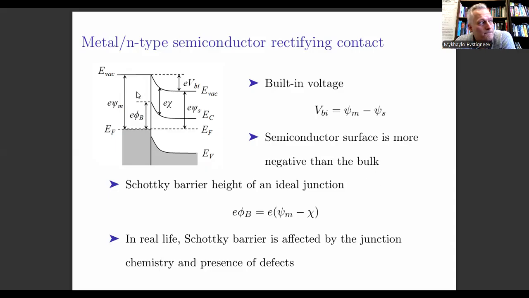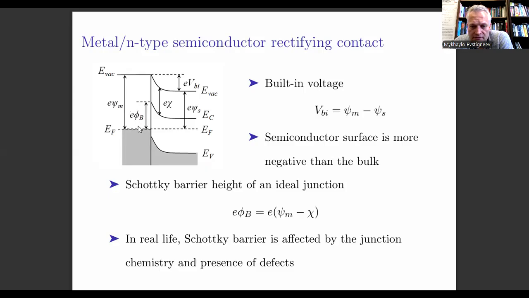Since the energy band diagram describes the electron energy, and electron energy is, at the end of the day, determined by the local value of the electric potential. Electron energy is the electron charge times the value of the electric potential.